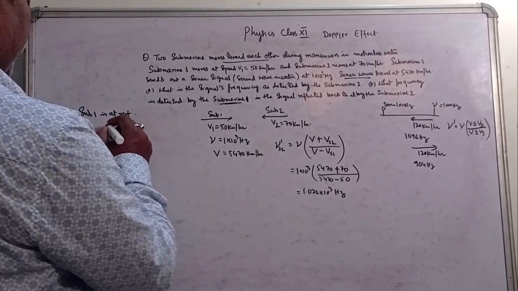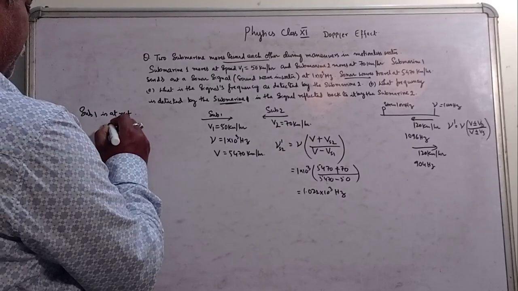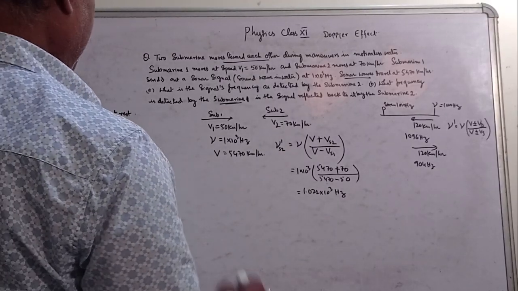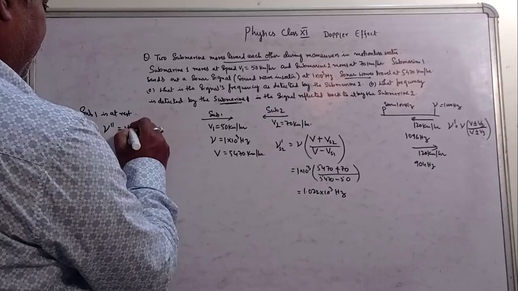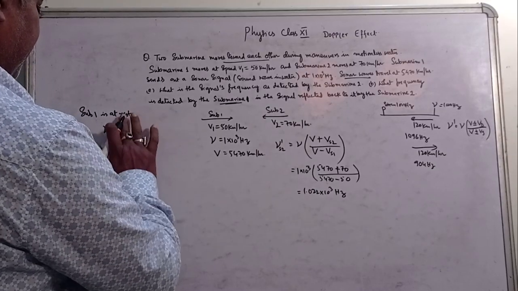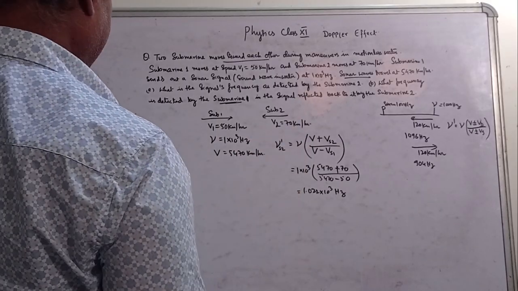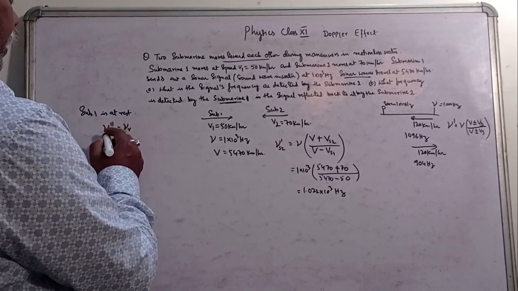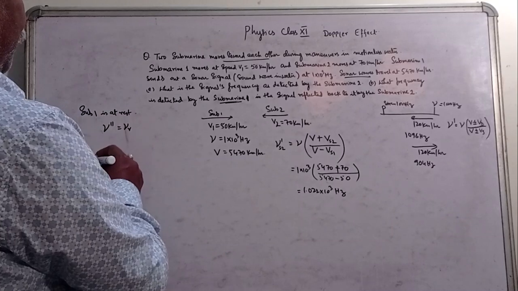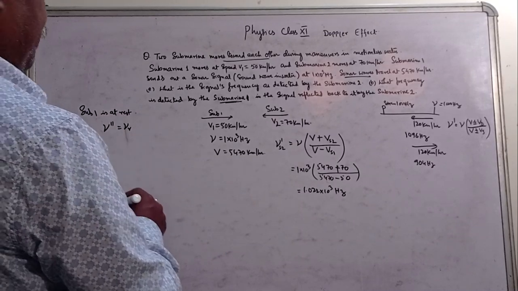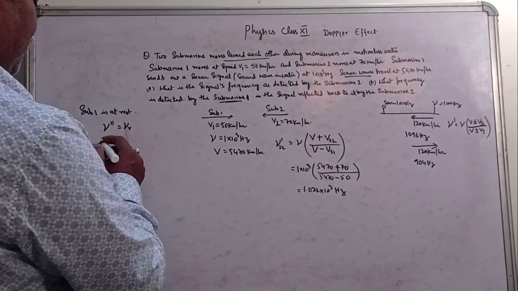The frequency heard by submarine 2 will be the reflected frequency from submarine 2. This is the frequency heard, or received, by submarine 1.